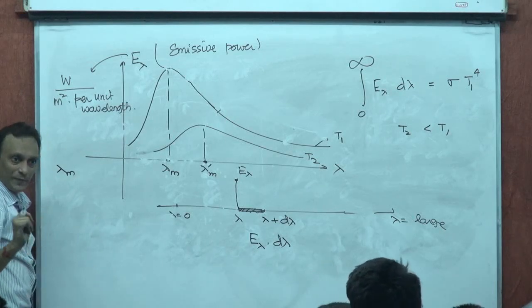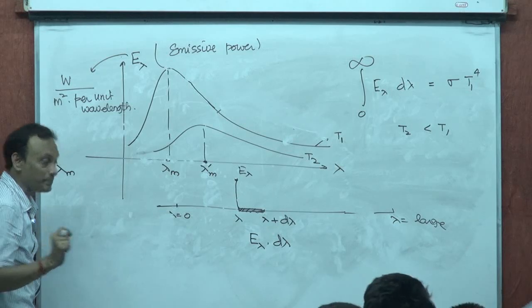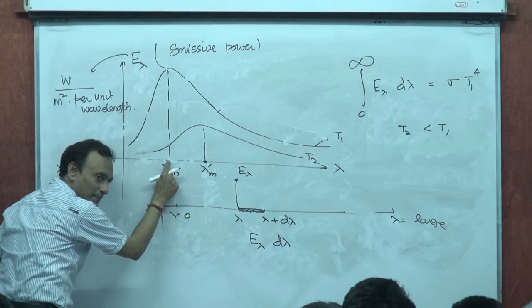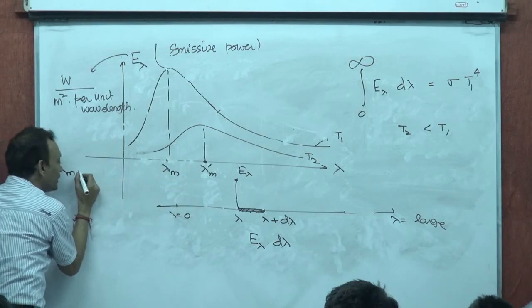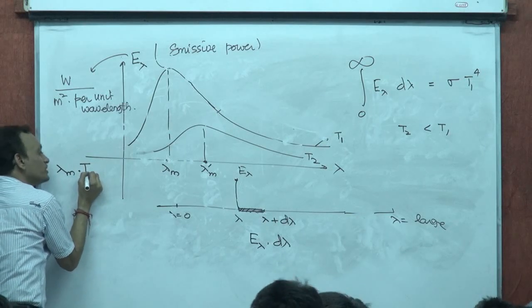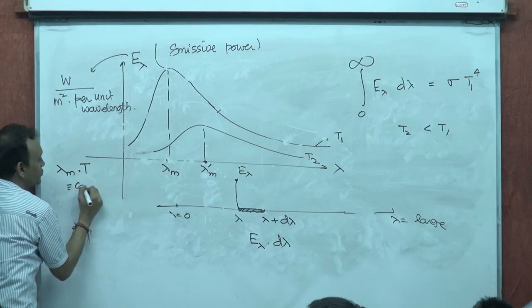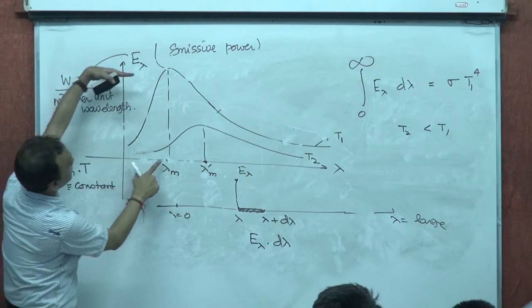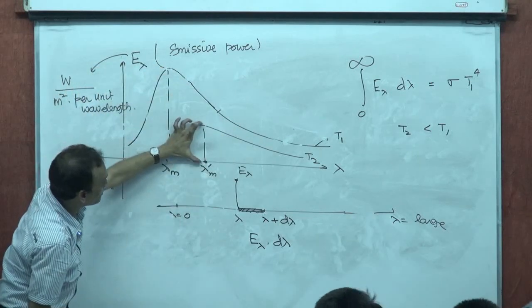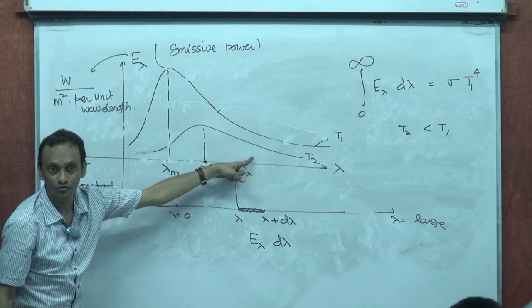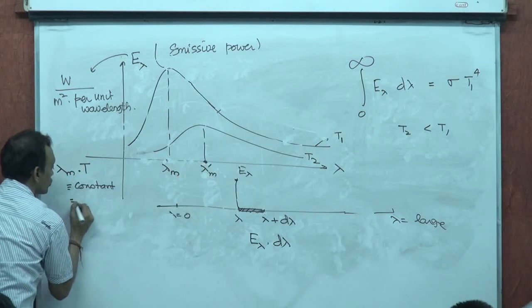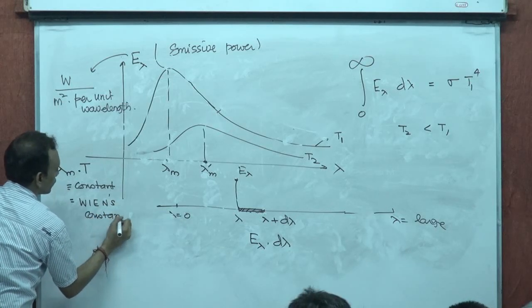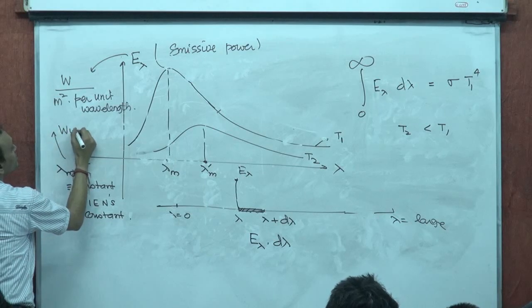So if a certain radiation takes place at temperature T, and its intensity peaks at lambda m, then it's found that lambda m into T is a constant. Which means lambda m into T1 must be lambda prime m into T2. And this constant is called Wien's constant. And this law is called Wien's displacement law.